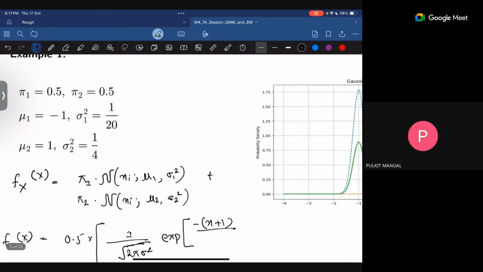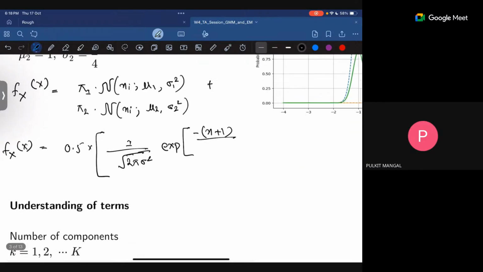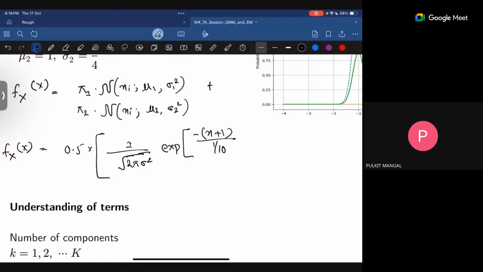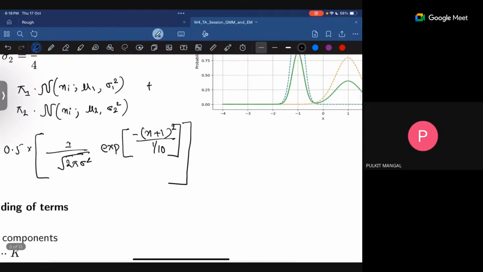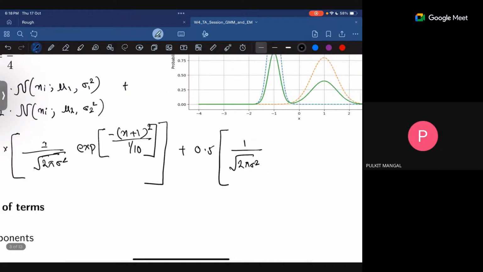Here it is 1 by 20, so it would become 1 by 10, and this is squared. Now the same thing will come for the second component.